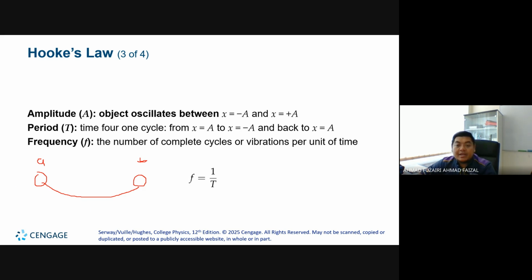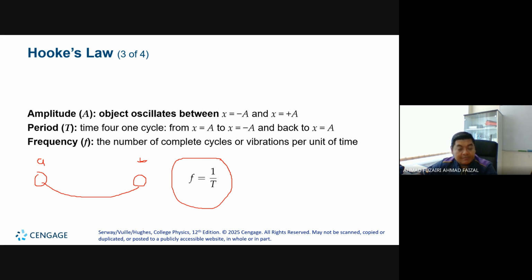Then the other one will be the frequency f, with the small letter f. The frequency f is the number of complete cycles or vibrations per unit time. Remember, look at this equation. It is actually the inverse of the period.